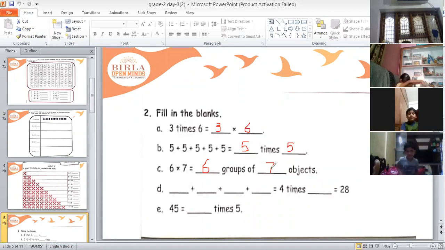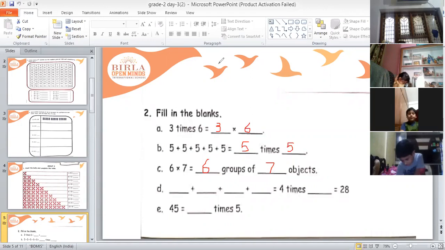You have to repeat one number here, but we have to find out which number. They said dash plus dash plus dash plus dash is equal to 4 times dash equal to 28. Now, who can tell me in the 4 table when we will get 28? For this, we have to recall the 4 table, right?